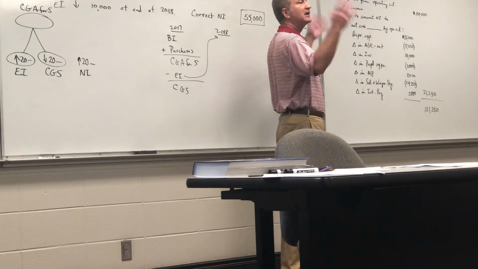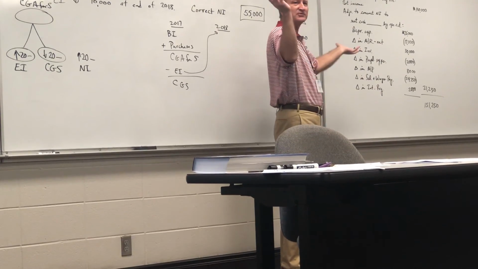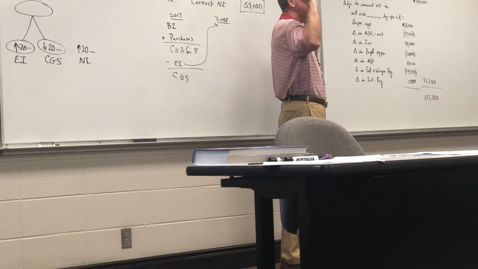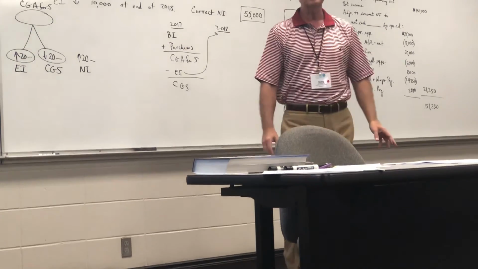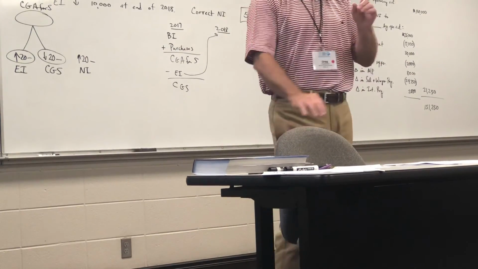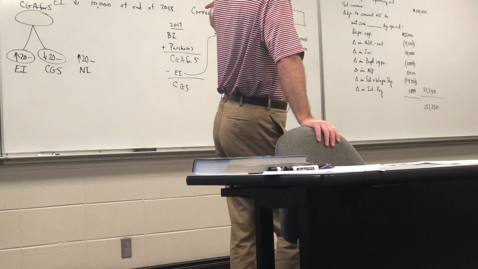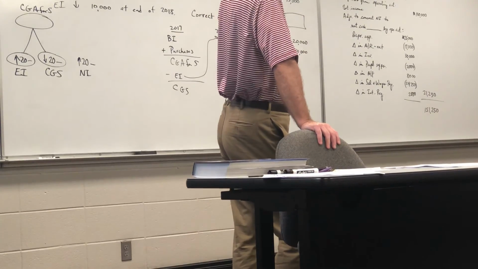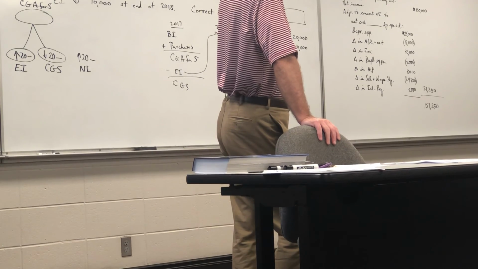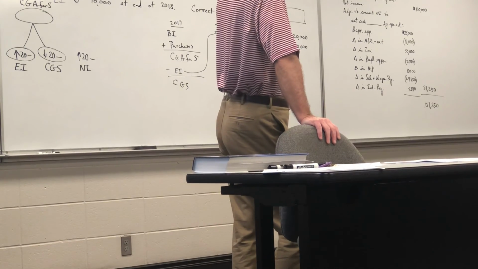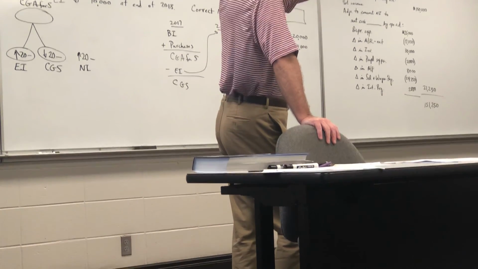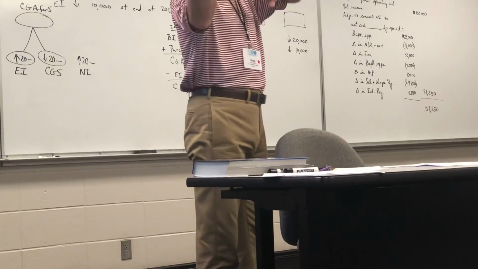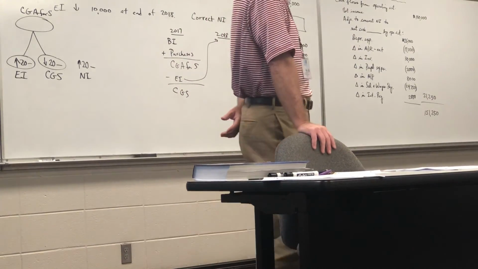And they're like, oh my God, I'm $40,000 off. Nothing I've done is right. And what it is, instead of subtracting 20,000, you added 20,000. That's a $40,000 error. So it's one little sign. It's one little point, which would be half a point based on what I said a minute ago.